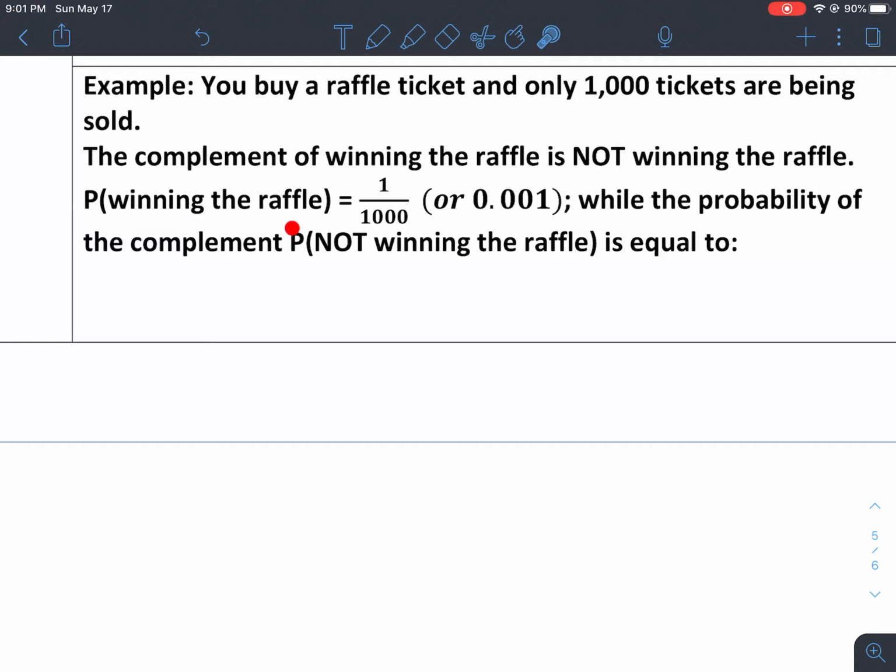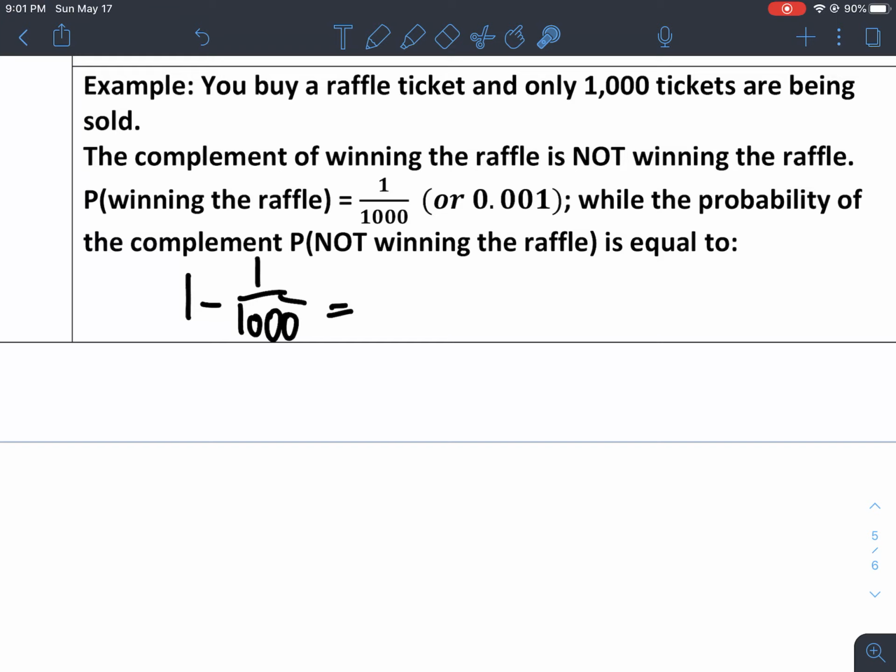The probability you win the raffle is 1 out of 1,000. You bought one ticket out of 1,000 total tickets. While the probability of the complement, the probability of not winning the raffle, would be 1 minus 1 out of 1,000. Which is going to equal, we make this fraction.